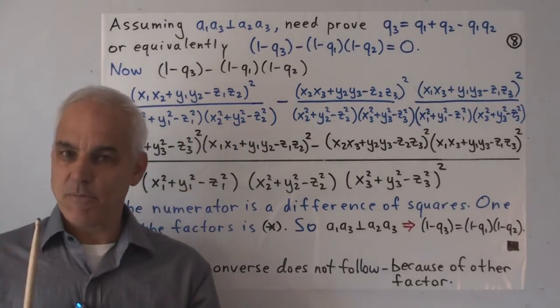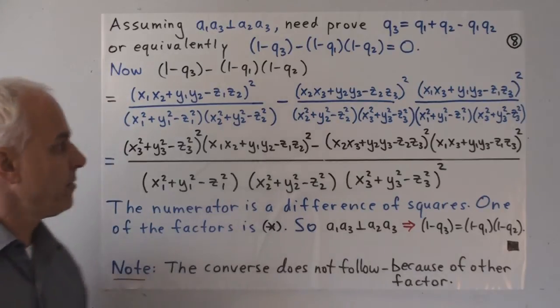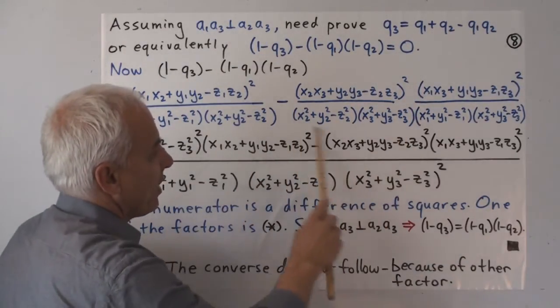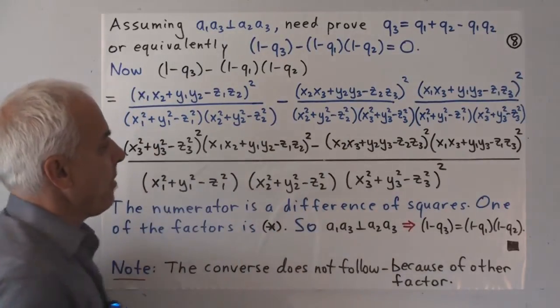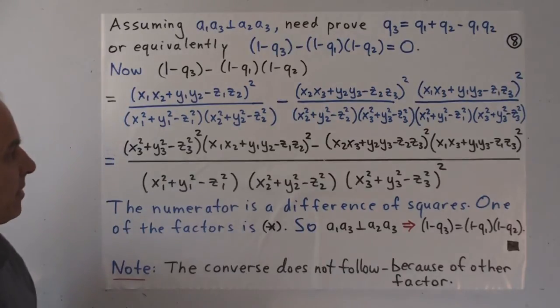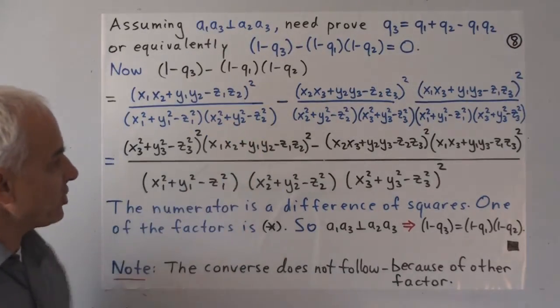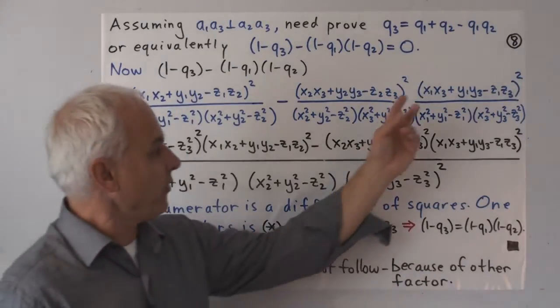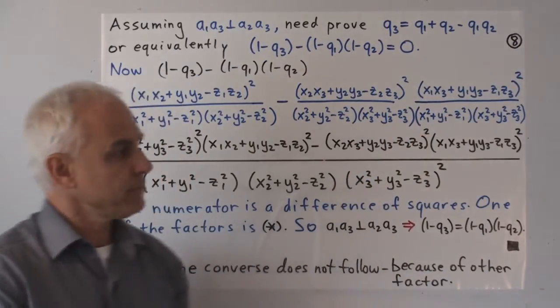That's immediately coming from the definition of the quadrants. And we have to subtract 1 minus Q1. There it is right there. It's exactly the same kind of thing, but it involves the variables for A2 and A3 instead. And we have to multiply by 1 minus Q2, which is right here. Exactly the same kind of thing involving the variables for A1 and A3.